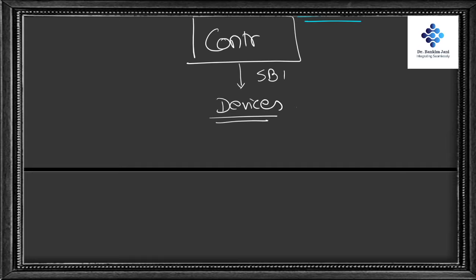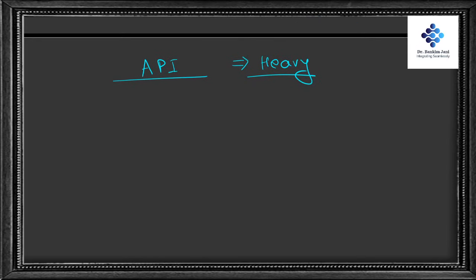Now, complete focus. We said that this API is for program to program. But what if this work becomes heavy, and we distribute this work across several devices?